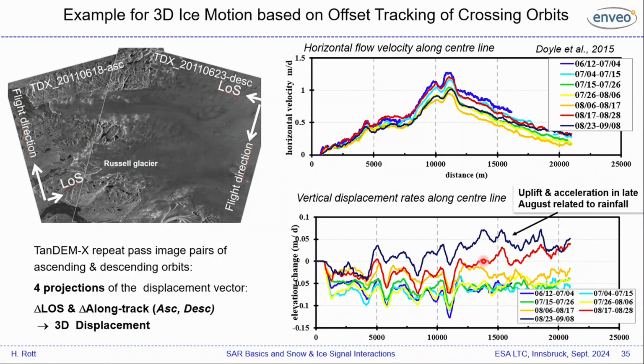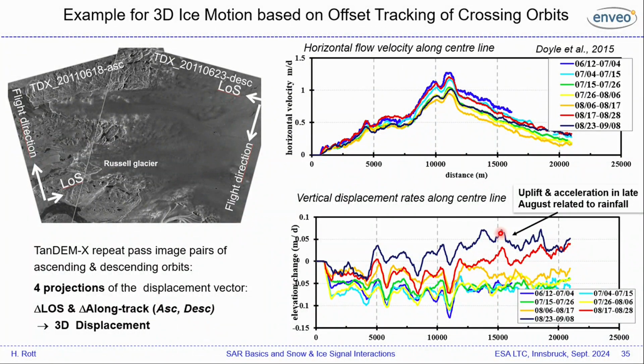But that was different for the vertical motion, and it was quite exciting because here it was minus 5 centimeters in July due to melting. This is 0, and here was an uplift in late August, plus 5 centimeters.